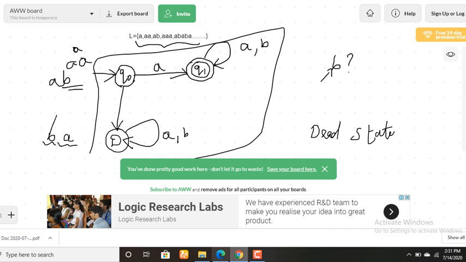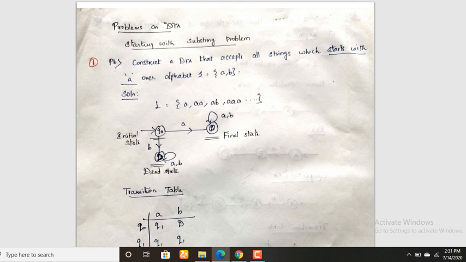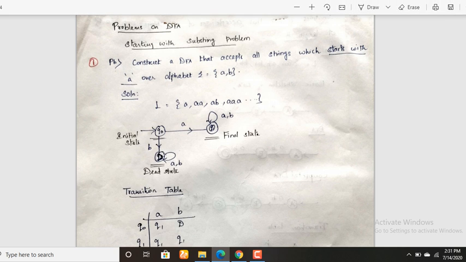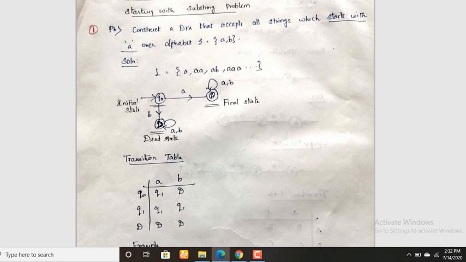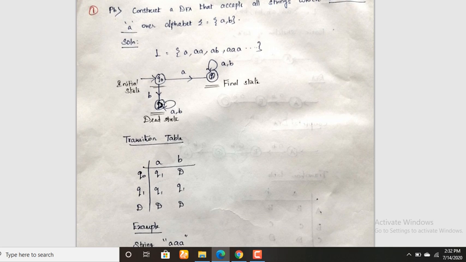I have added a dead state for strings starting with B, which is also optional. So the second step, drawing the DFA, is almost over.